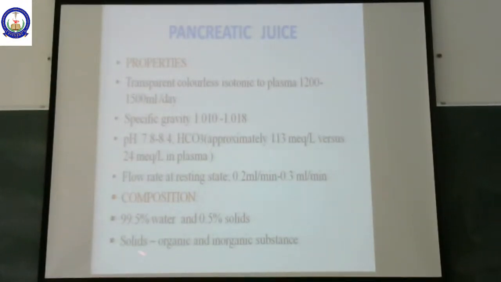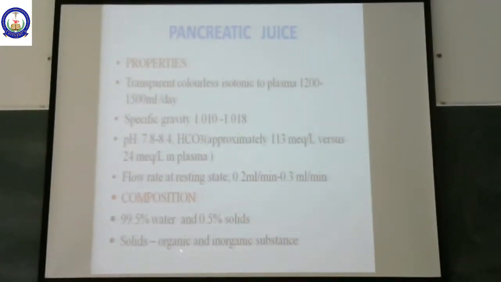Now coming to the composition. What is this pancreatic juice made up of? 99% of it is water. Only 0.5% of it is solids. 99.5% water, 0.5% solutes or solids.